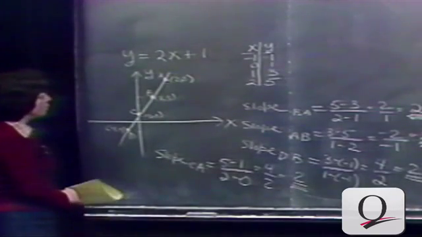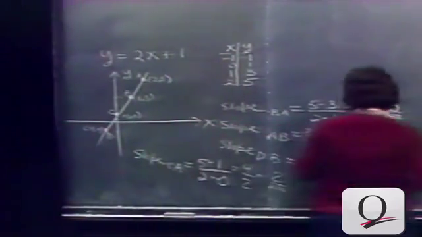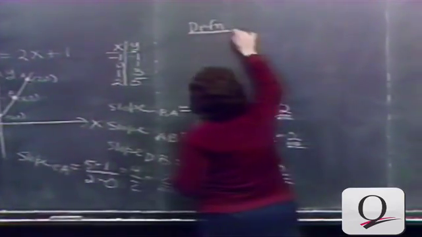Okay, let me give you now a formal definition for the slope of a line. Definition.